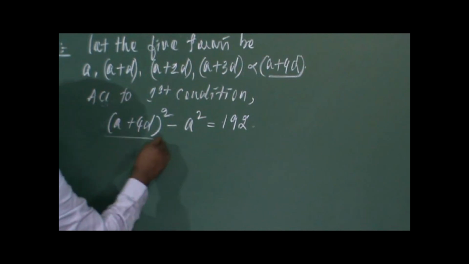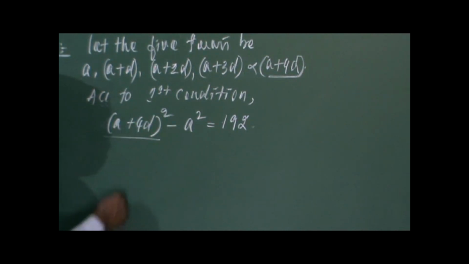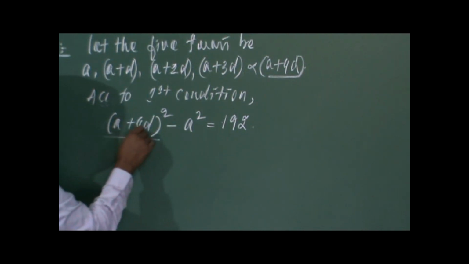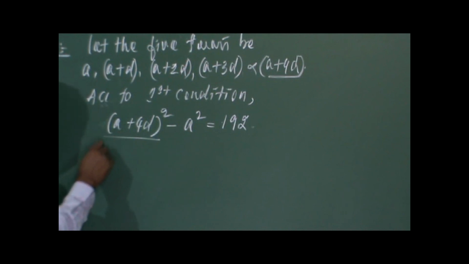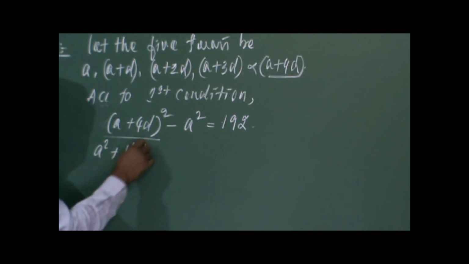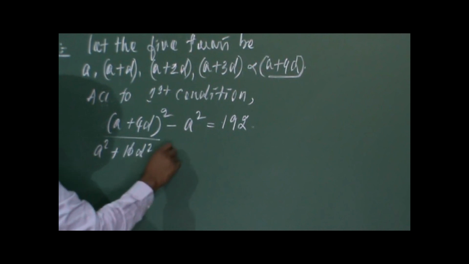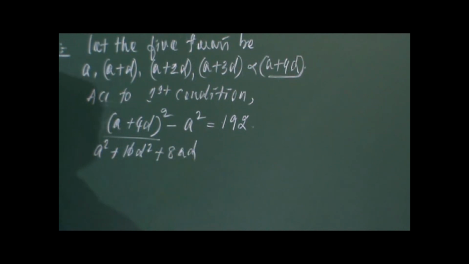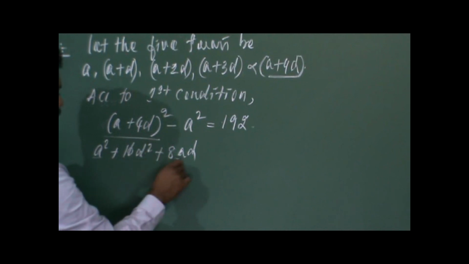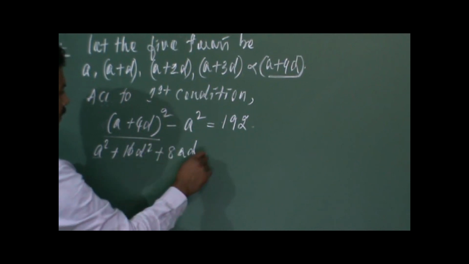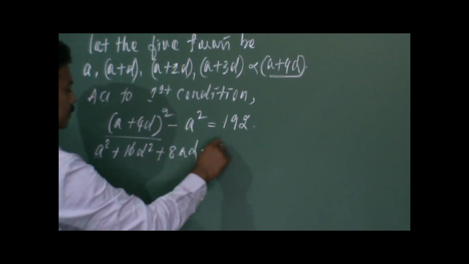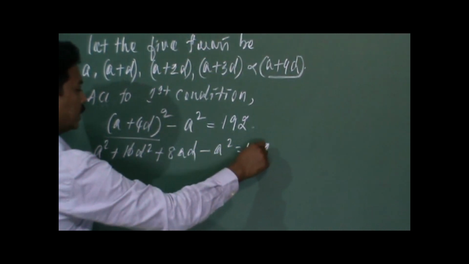Let us expand this A plus 4D whole square by using the very simple identity, A plus B whole square. So this can be written as A square plus 16D square plus 8AD, that is A square plus B square plus 2AB, minus A square is equal to 192.